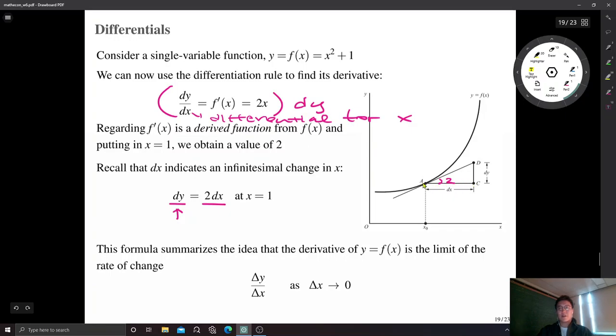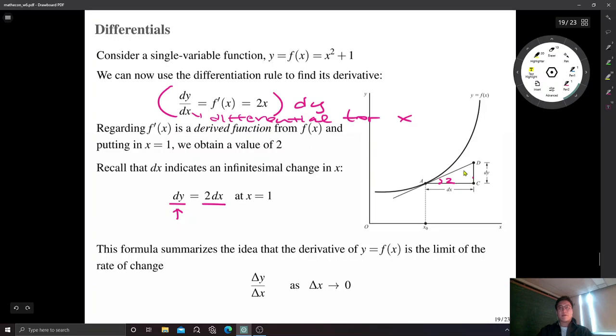So that's going to be the length of this line segment AC, okay? And then if we multiply by 2, dy is going to be the height of this triangle, so the length of the line segment CD, okay?